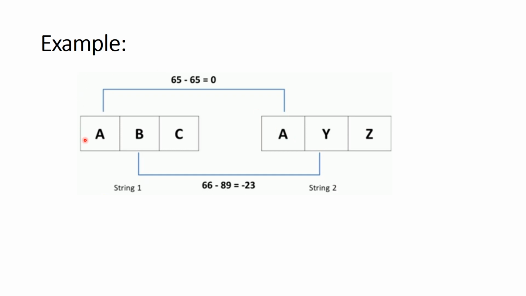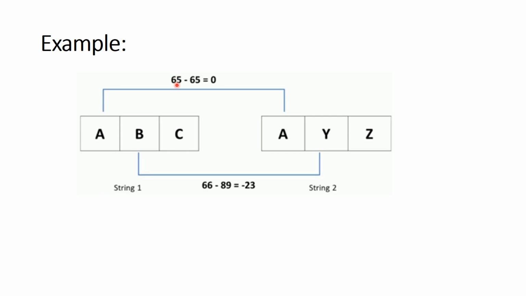Here the first character in both strings is A, right? The function subtracts the ASCII value of the character in string2 from the ASCII value of the character in string1.